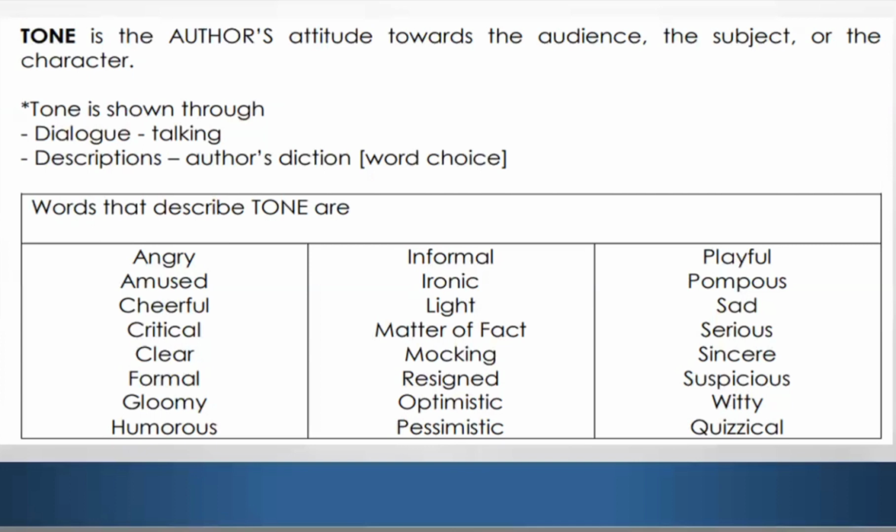Tone is said to be shown through a dialogue, or let's say, for example, when you're speaking. Another thing, tone has something to do with descriptions. So it has something to do with the author's diction. When we say diction, it's the word choice of the author.